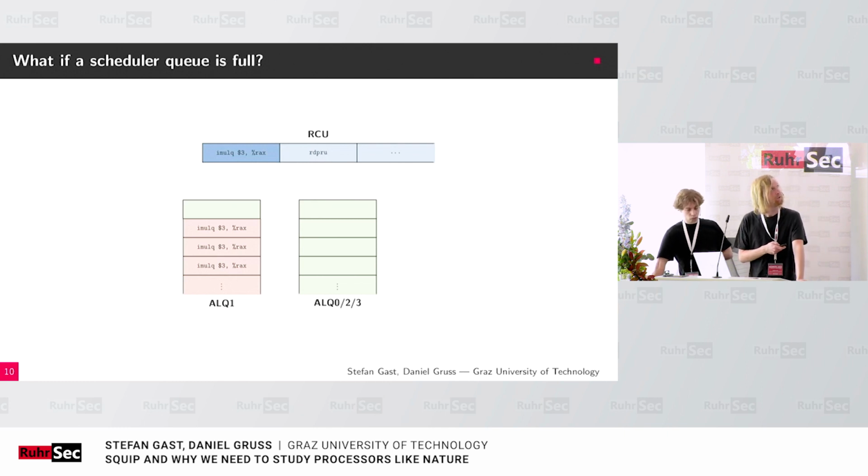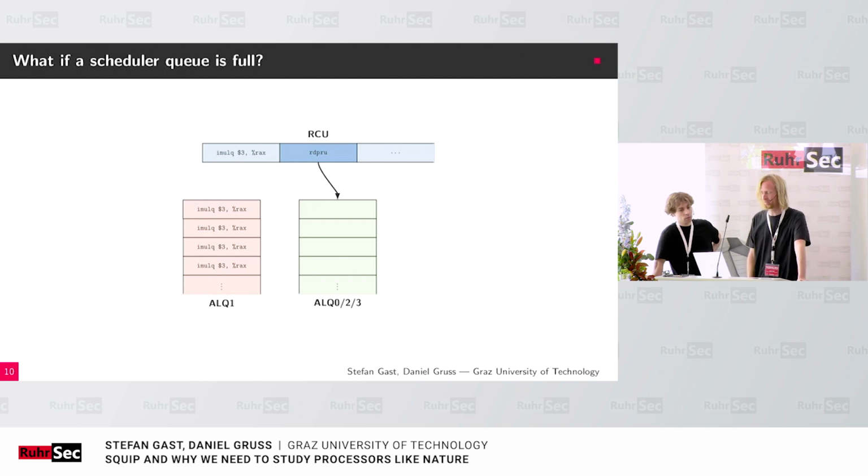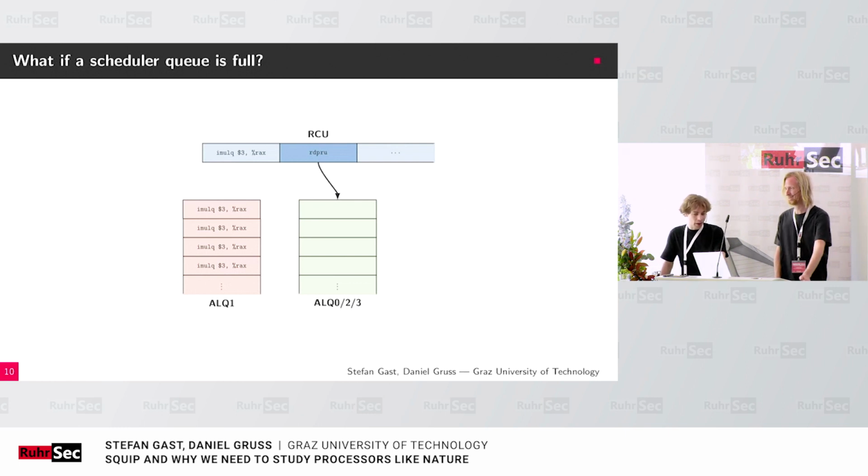So the retire control unit can just forward the multiplication to the corresponding queue, and after that it can continue with the next operation. In that case, it's an RDPRU instruction. And so you see an earlier timing because RDPRU was executed immediately.